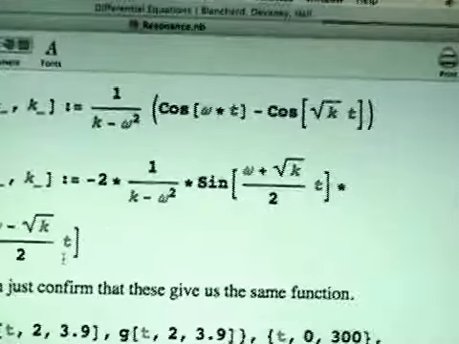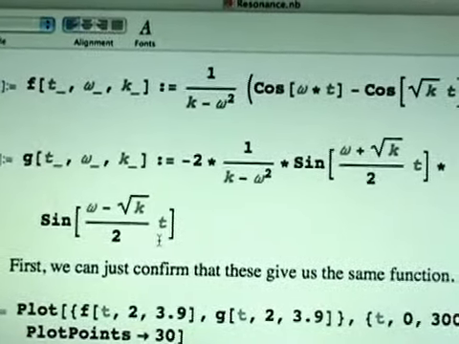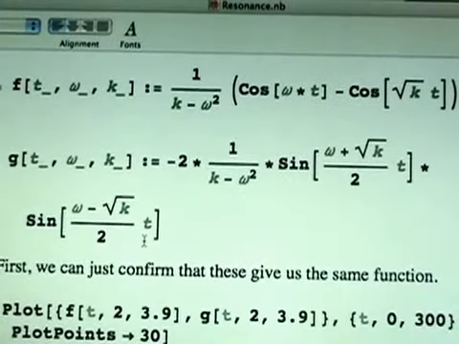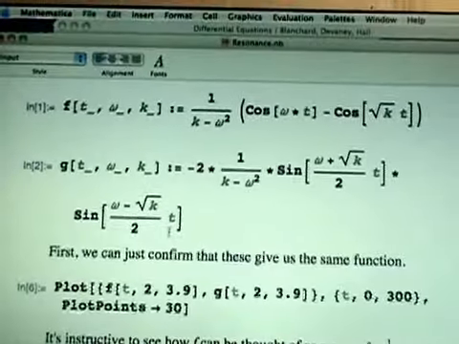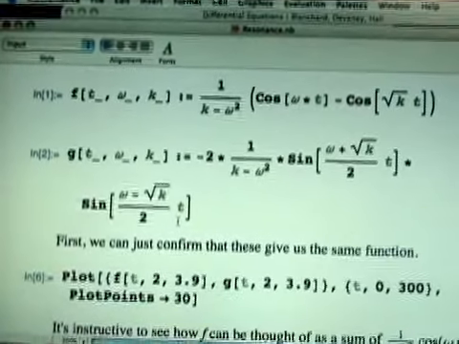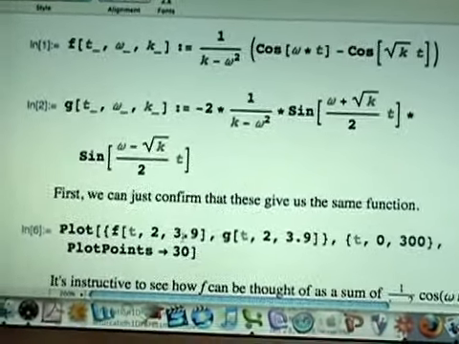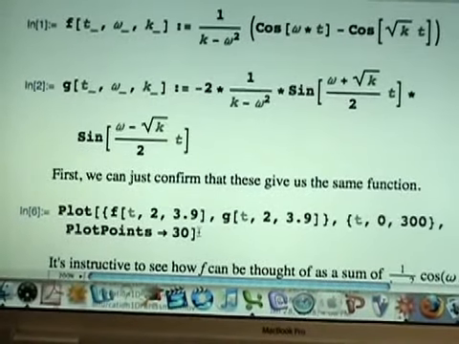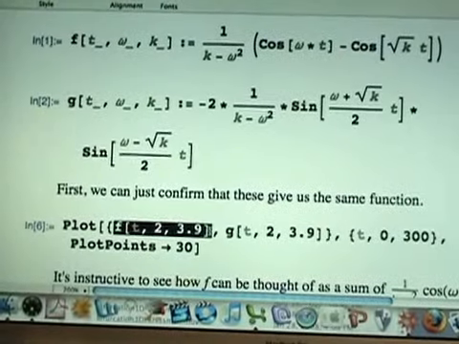And the second function down here, going on to the next line, is the second way that I wrote it after I used the tricks of introducing the extra variables alpha and beta. So the first thing we want to see is that these functions are the same function, and I've got both of these functions in here.